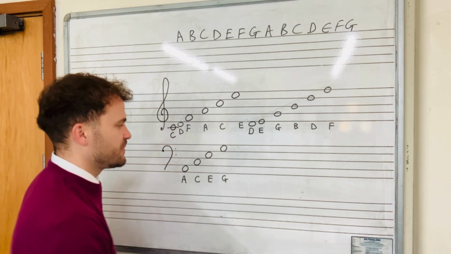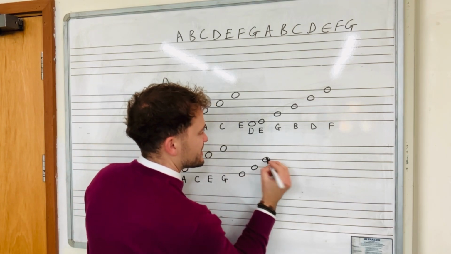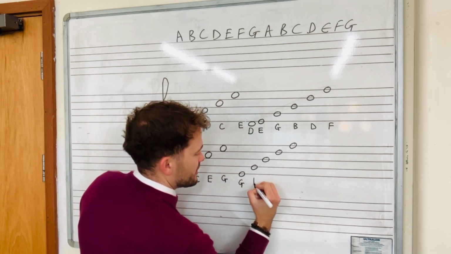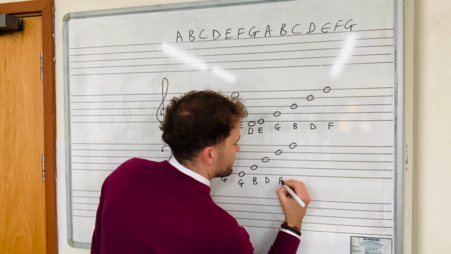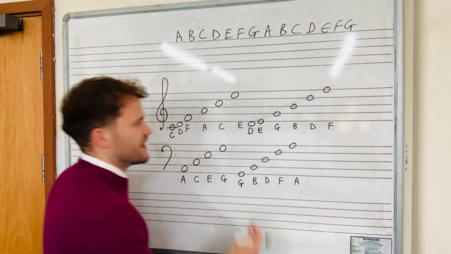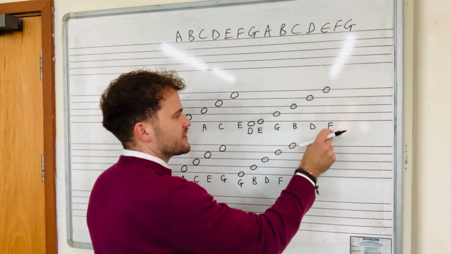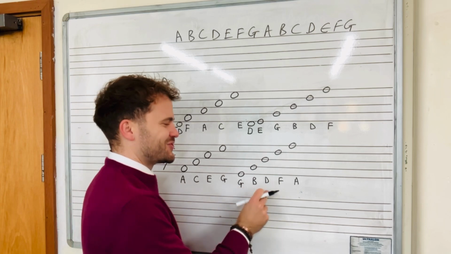Very, very simple. And notes on the line, if you remember, I spoke about buses a moment ago. That's because green buses drive fast always. So in the treble clef, we've got every green bus drives fast. And then in the bass clef, we've got green buses drive fast always.